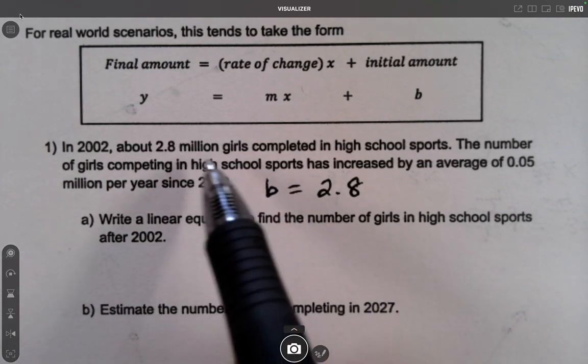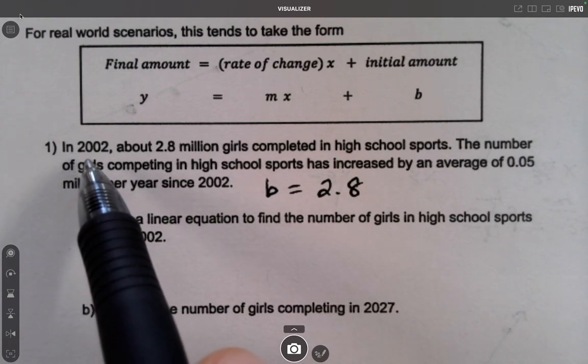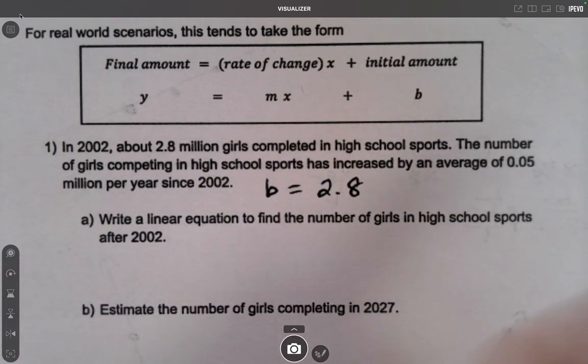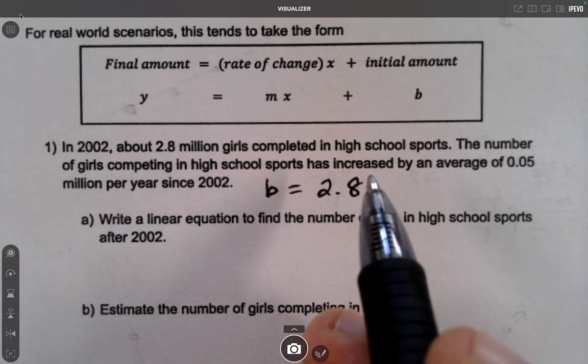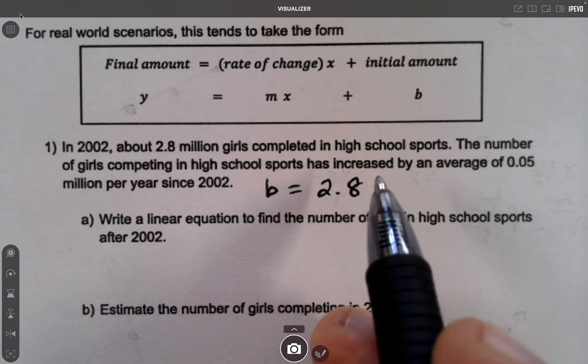Now that's a set number, it's fixed. The girls who competed in 2002 can't change. The number of girls this year could change because it's still this year, but in the past, that number can't change. The number of girls competing in high school sports has increased. That's a word that means change. Increase means change in a positive direction.